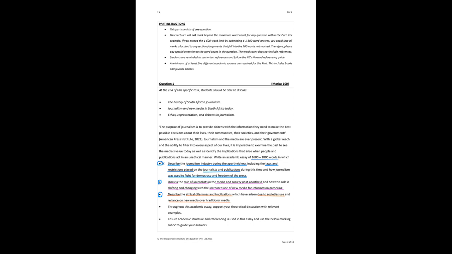So when we're talking about the ethical dilemmas and the implications, these are the issues that arise because of new media. So remember, new media is any digital media. Because of our reliance on new media, and because we are a now generation wanting information as things occur, ethical dilemmas come up.